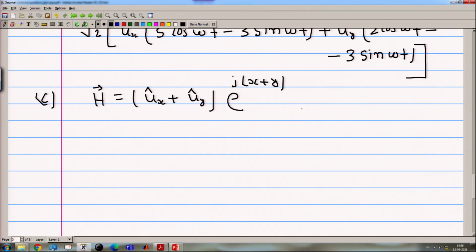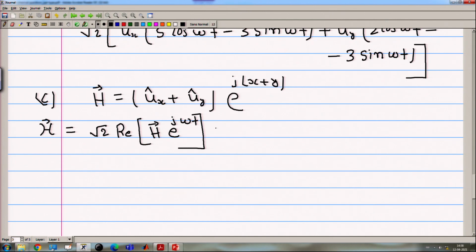So, we can do the next part. For the instantaneous quantity for this term, in the same way we can find it: h equal to root 2 real part of H e to the power j omega t.